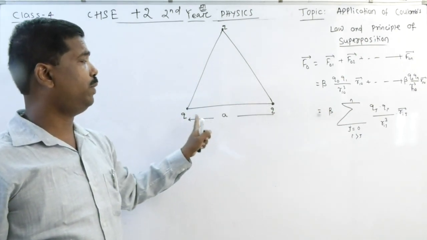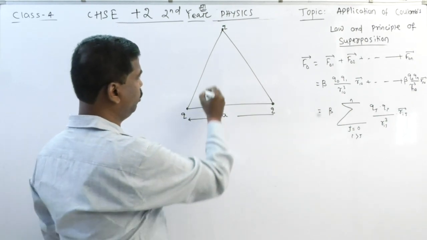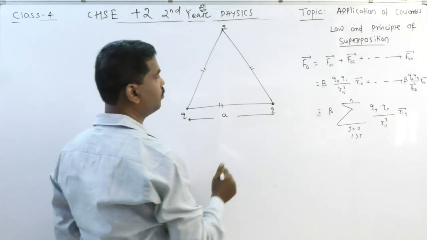Three equal charges are placed at the three corners of an equilateral triangle. This is the equilateral triangle having side a.